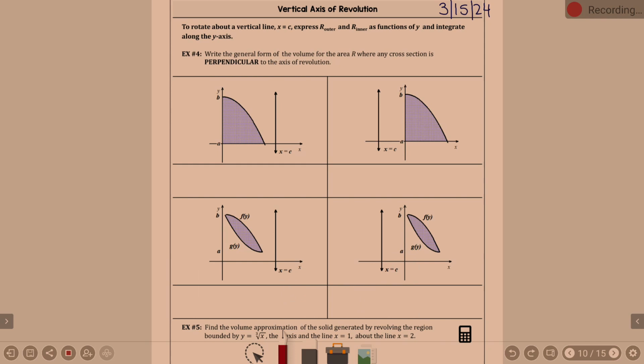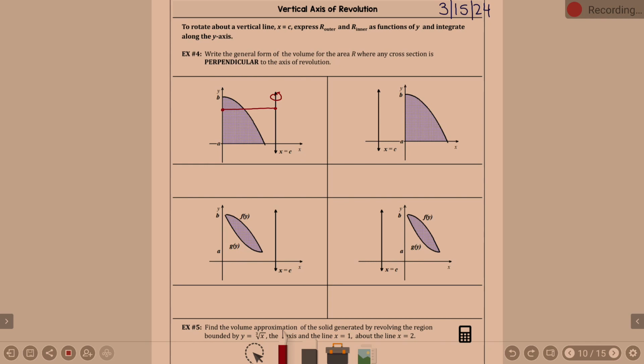So we are rotating here about x equals c. Let's talk about big R. I'm trying to think how we did this yesterday. The line from c to the y-axis, this line here, all the way over to the farthest most distance.